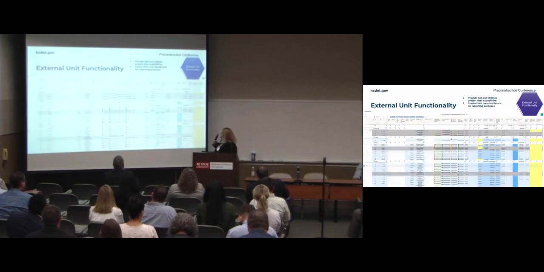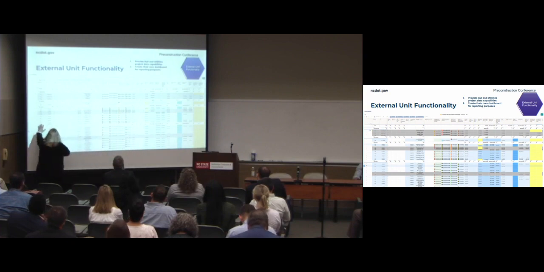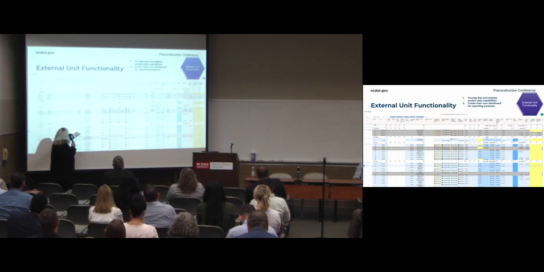And here's just to give you a little bit more of the external unit functionality. You can see here, we've got our projects in summary mode. And you can see it's got the quotas down here. It's got the totals, how many parcels, how many are done, how many are rails. This was the view that you would get if you were just looking at the master data sheet.